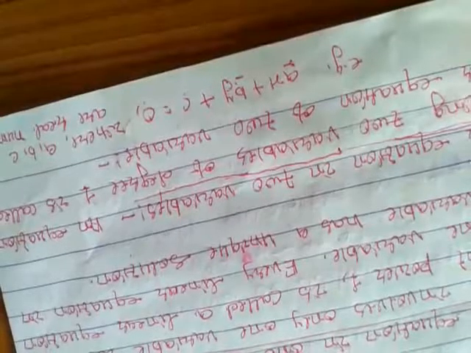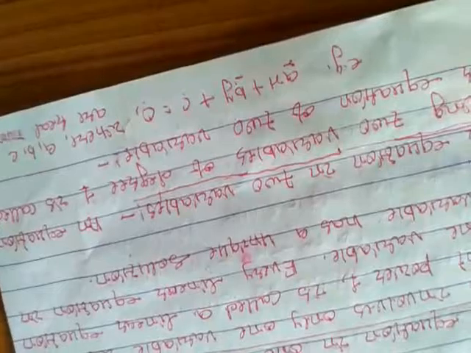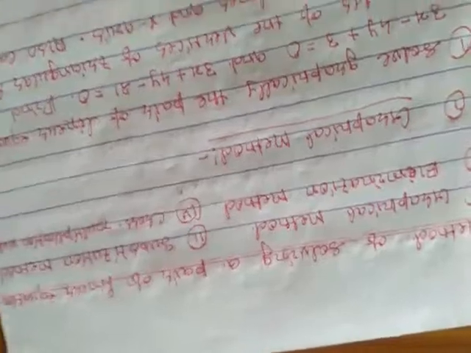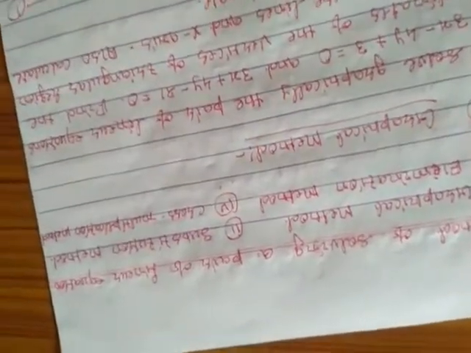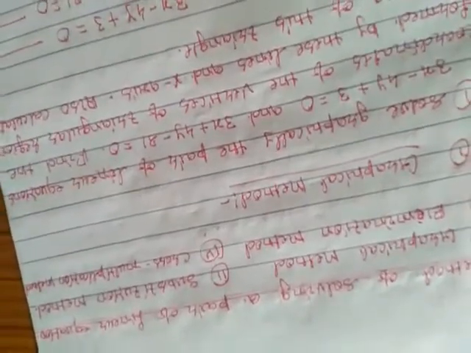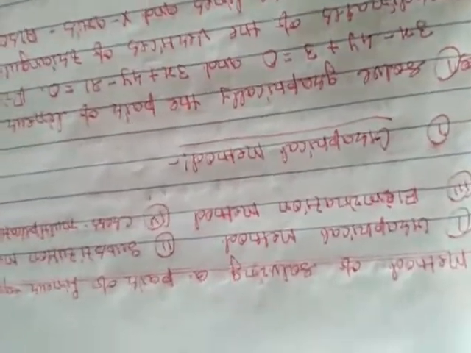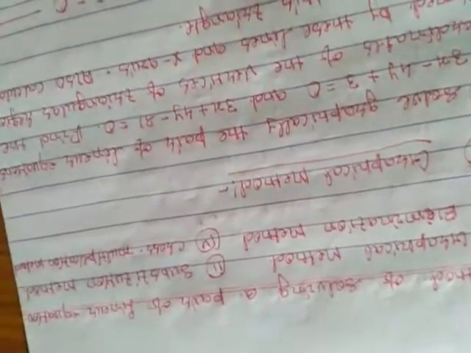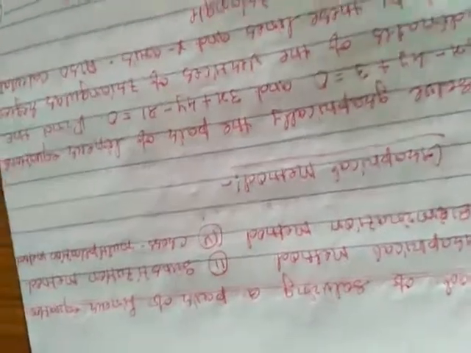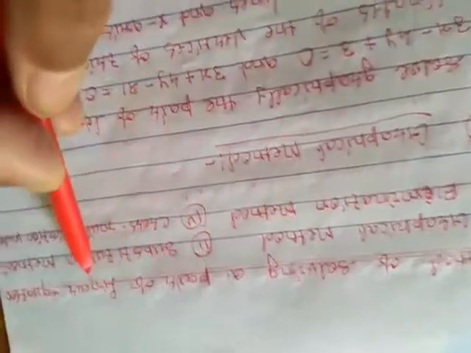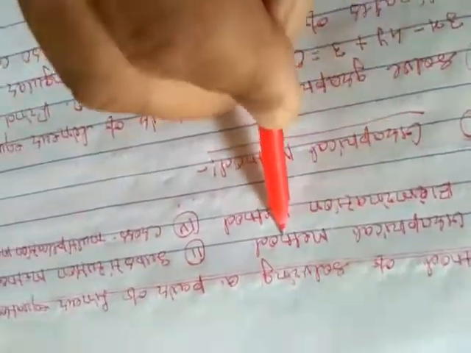Now students, we have to learn how to solve a pair of linear equations. There are many methods for solving a pair of linear equations, and first I am going to discuss all the methods, and we will learn them one by one. The methods are: number one, the graphical method, by plotting the graph of the linear equations.